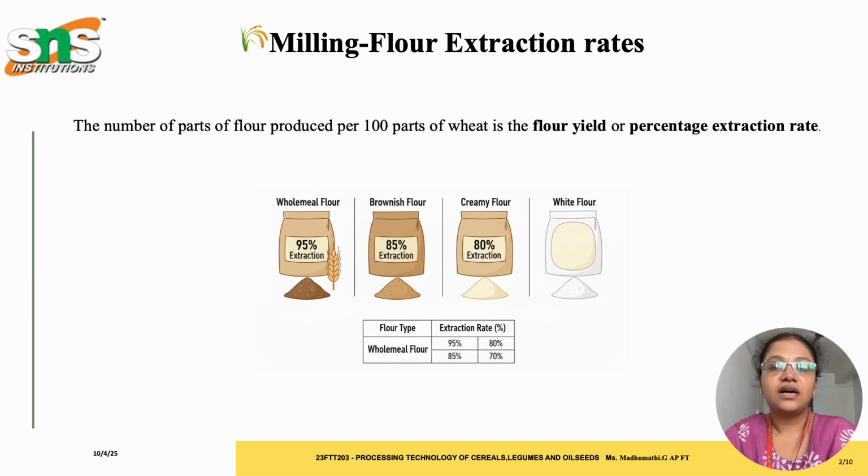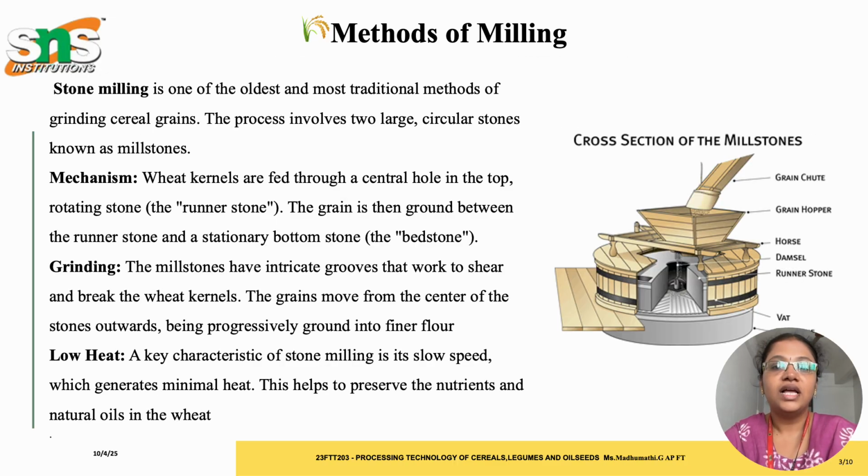Okay, next, white flour is nothing but, as I already told, the maida, where almost the bran and the germ layers are removed, and it contributes to the white flour, that is the maida. Okay, so this is how the milled flour extraction rates contribute. Next, coming to the types of milling that can be adopted.